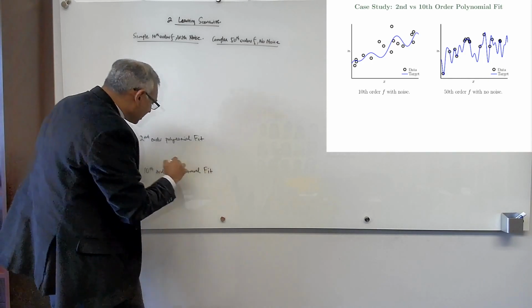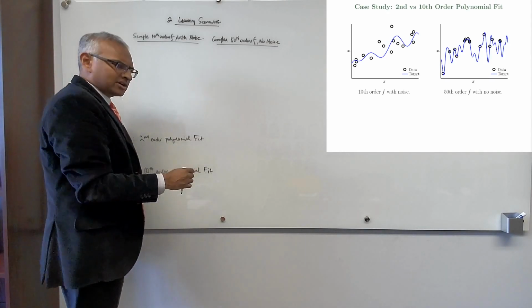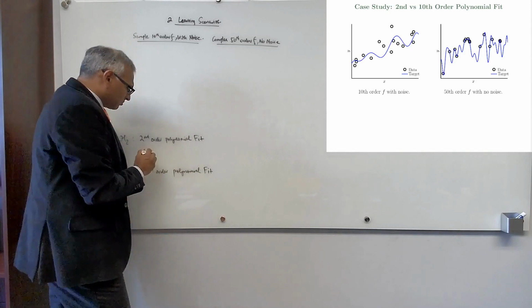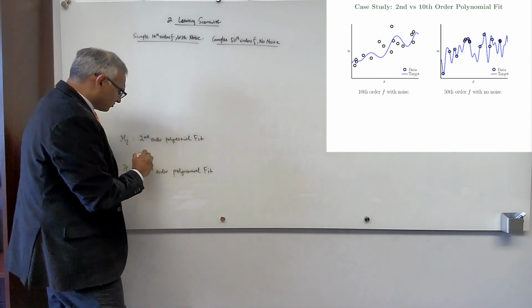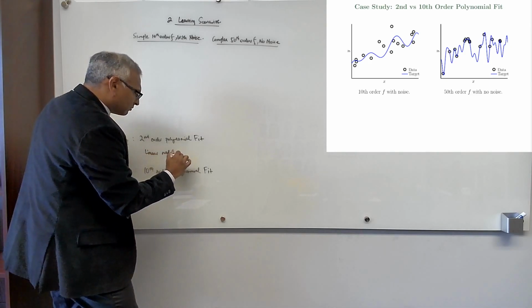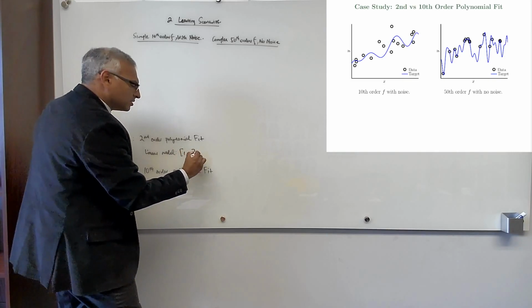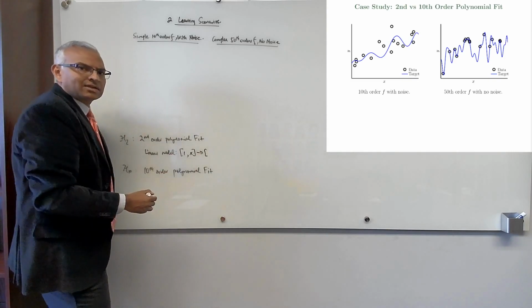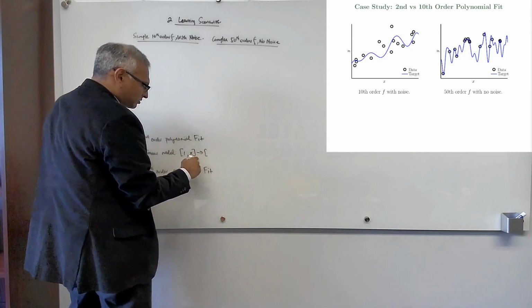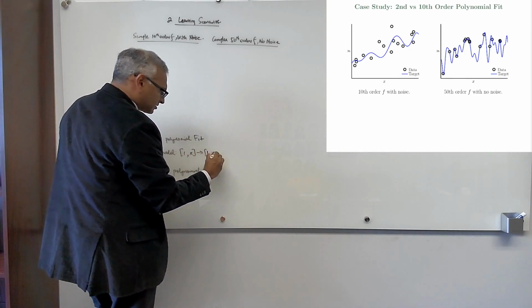I'll just mention, you might wonder, well, how do I do these polynomial fits? Well, the polynomial fit in regression is just the linear model with a particular nonlinear transform. So this is just the linear model with the transform that goes from the original augmented input 1, x to the quadratic transformed x, which is 1, x, x squared.